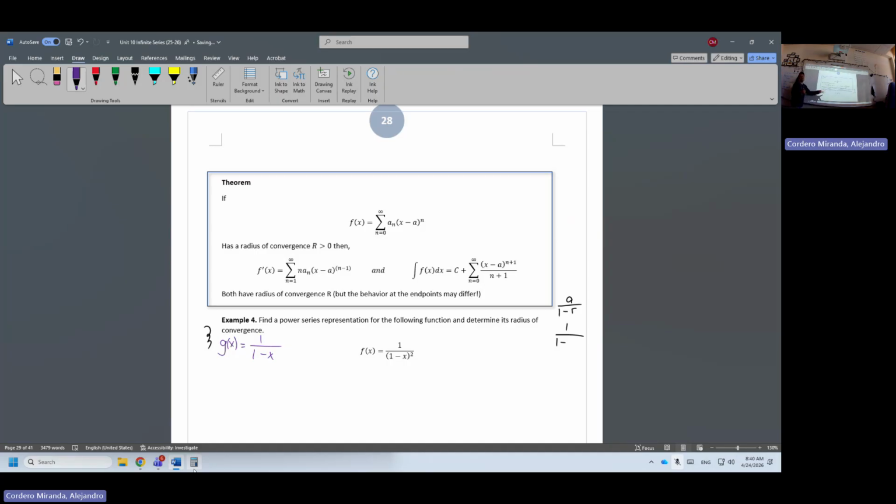To take the derivative of this, if you want to do the quotient rule, go ahead. But let me treat this like a chain rule. So there's g of x exactly, not the derivative yet. That means that g prime would be equal to -1 times (1 minus x) to the -2 times the derivative of the inside, so times the -1 in here.